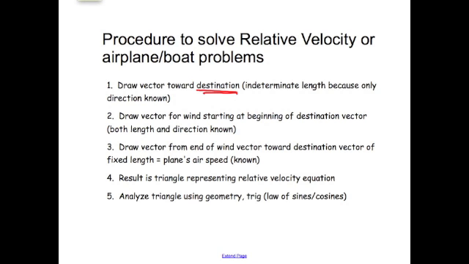Just make that vector really long. Then, since we know the wind completely, we draw that vector starting at the beginning of the destination vector. Then we draw a vector for the plane's airspeed, because we know that, starting at the end of the wind and keeping going until we reach the destination vector. We now have a triangle. We solve the triangle using basically geometry and trigonometry.